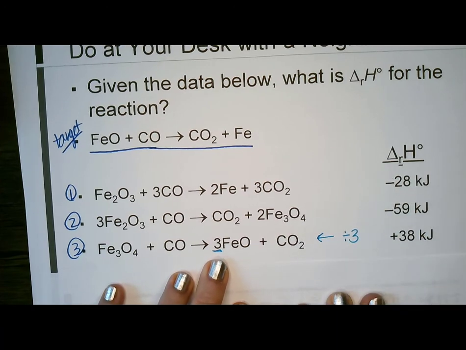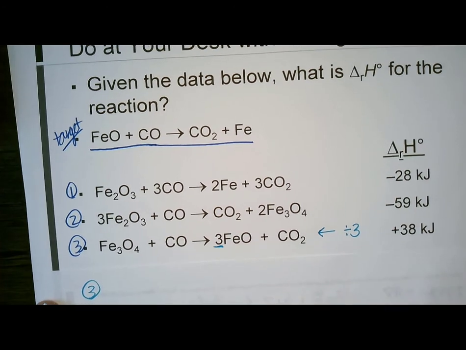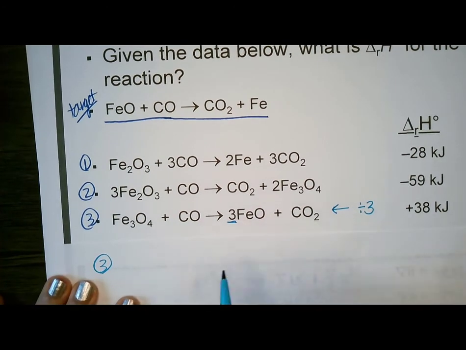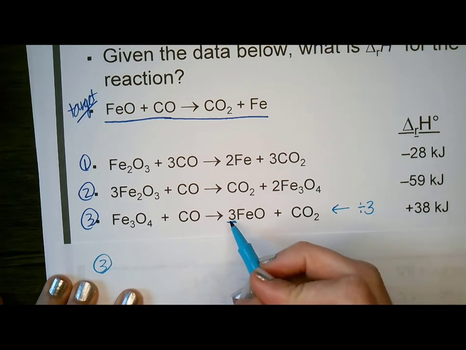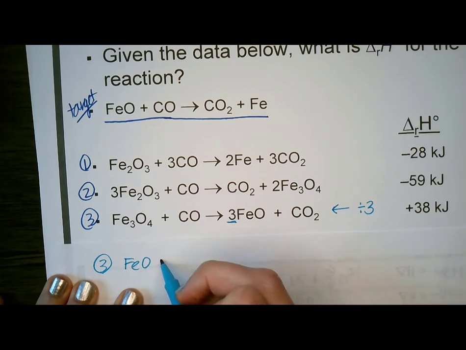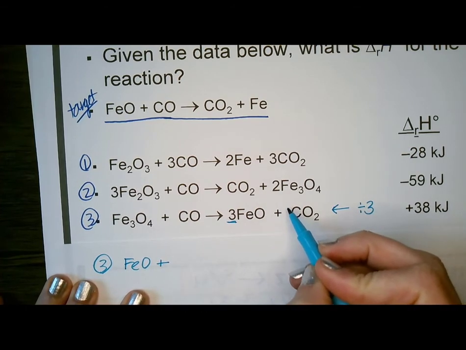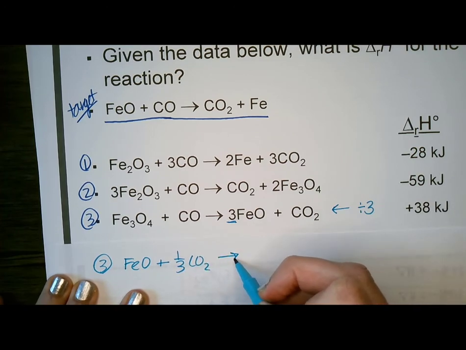By 3. Okay, so let's rewrite this third reaction. So I'm going to flip it and divide it by 3. So 3 divided by 3 gives me 1 FeO, plus I have 1 here, but I divided by 3, so 1/3 CO2.